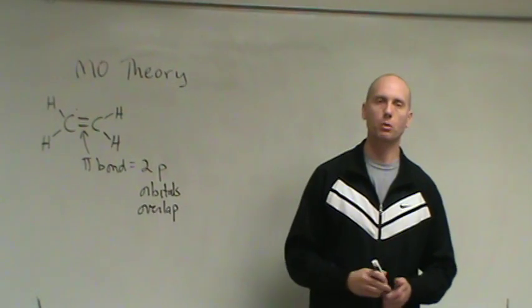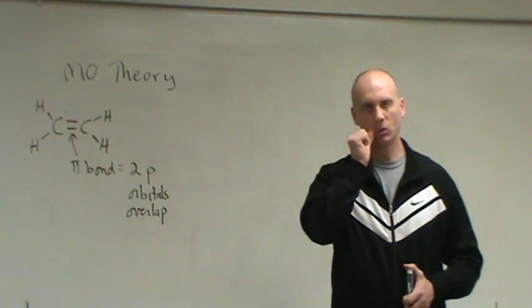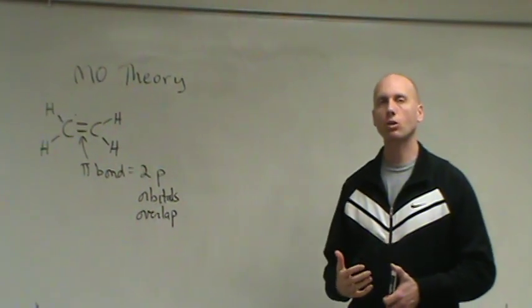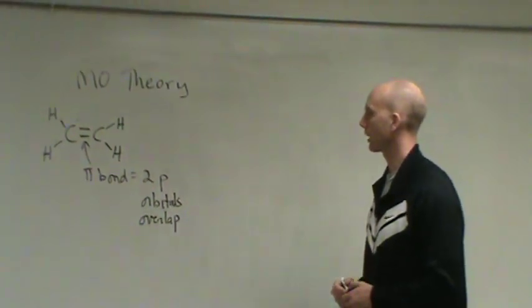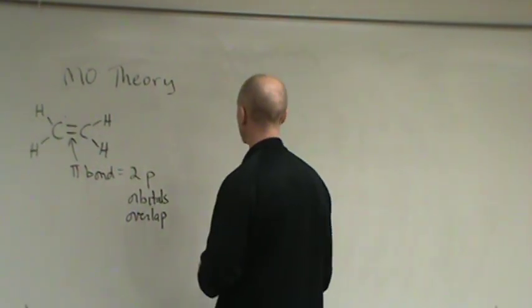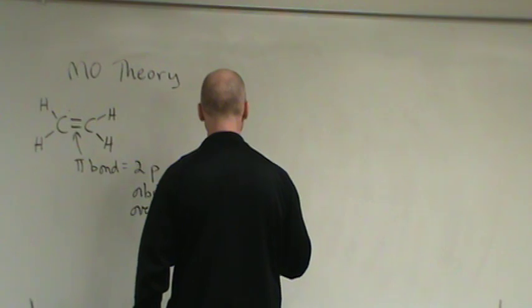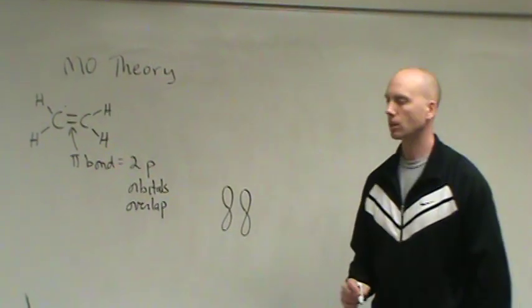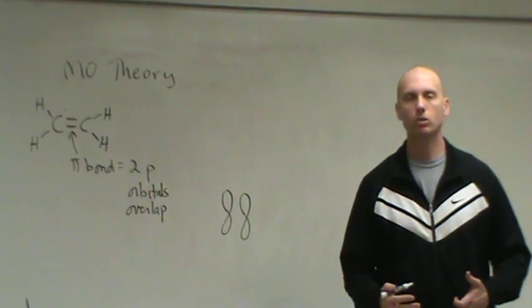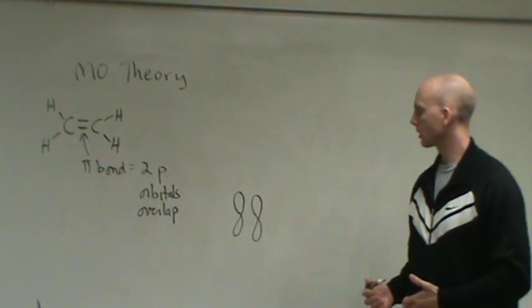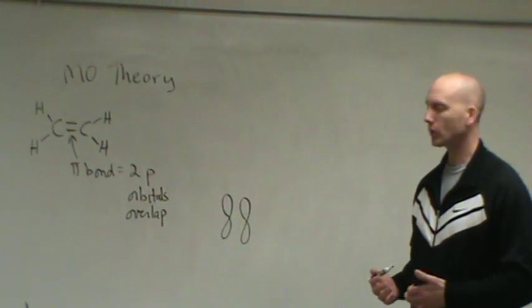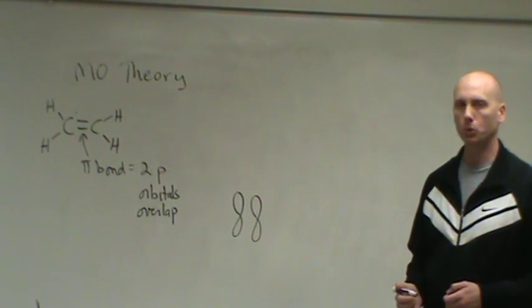Two p orbitals overlapping sideways. So let's go ahead and draw 2 p orbitals that are overlapping sideways. Okay, so here's 2 p's, and remember we have the phases associated with these p orbitals.